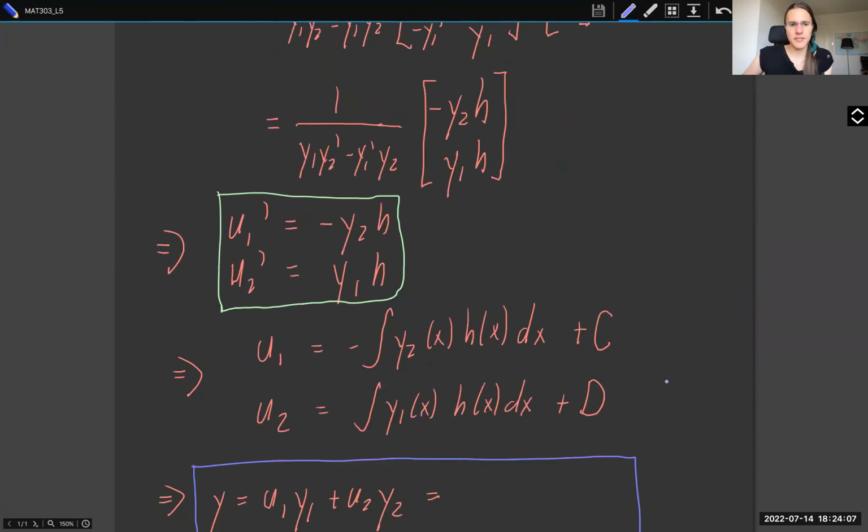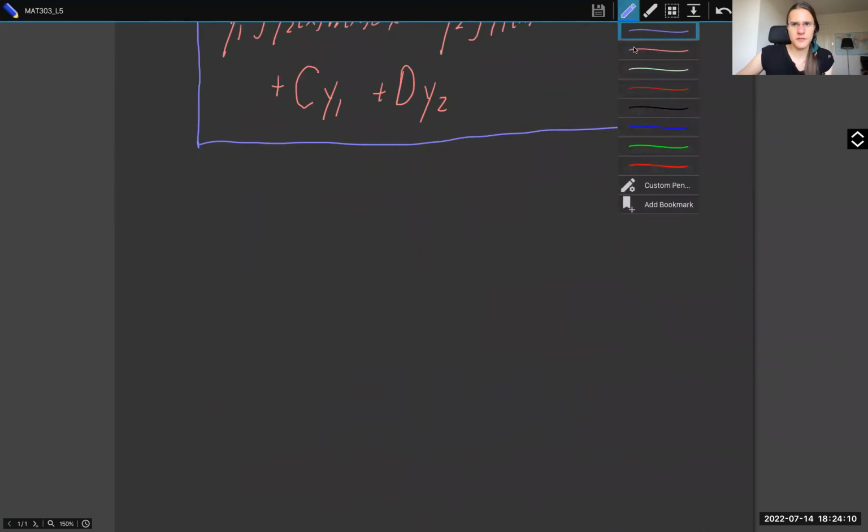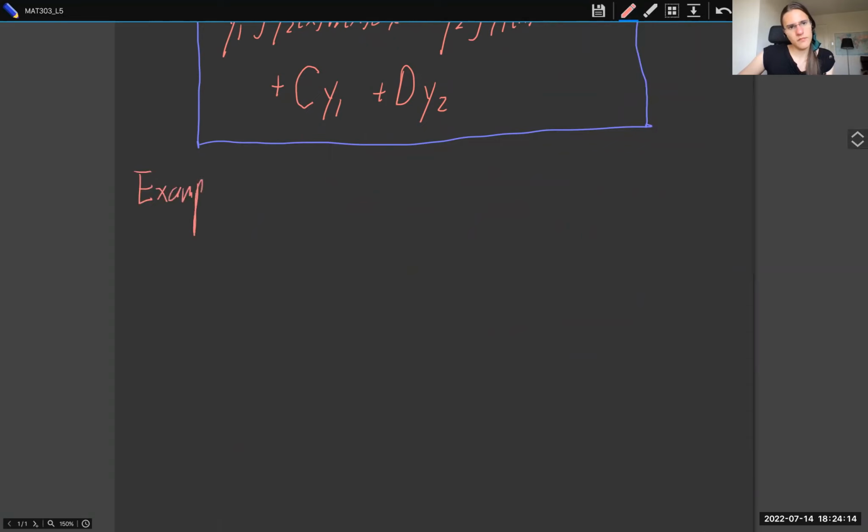So let's do some examples. Let's look at an equation like y'' plus y is equal to 1 over cosine cubed of x. So we start off by solving the homogeneous equation.